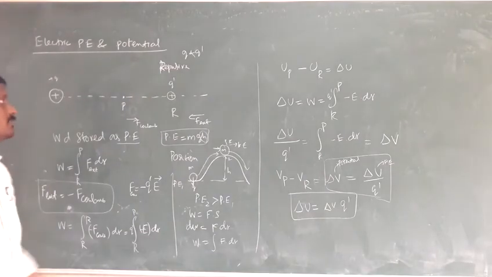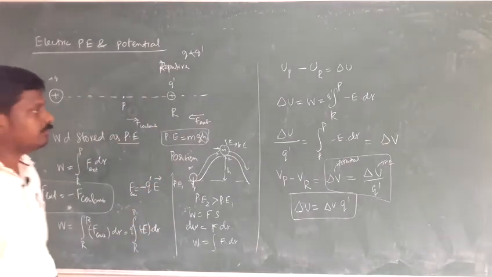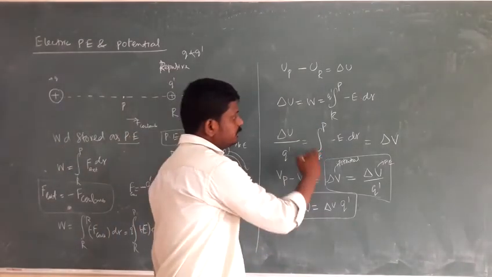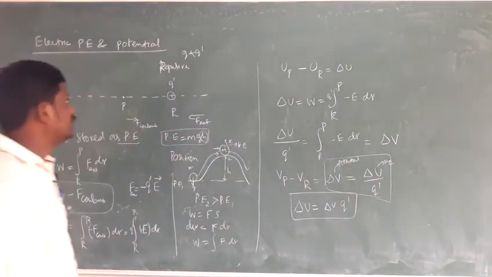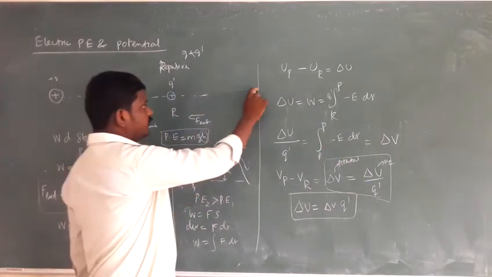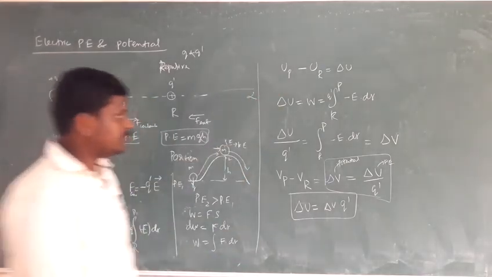Then we are shifting a charge from R to P, and the formula is the integral from R to P of minus E dr. But if we are shifting a charge from infinity, what is the formula?